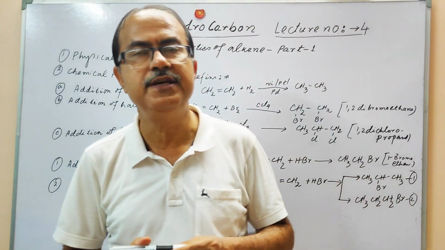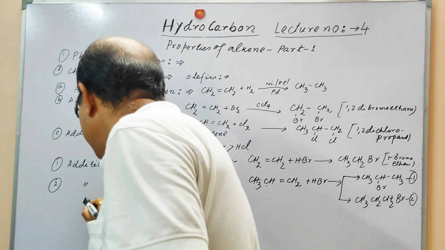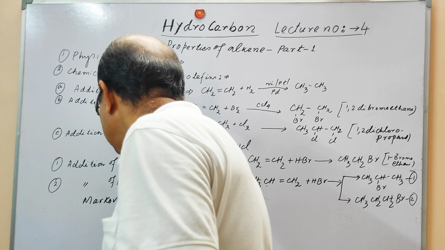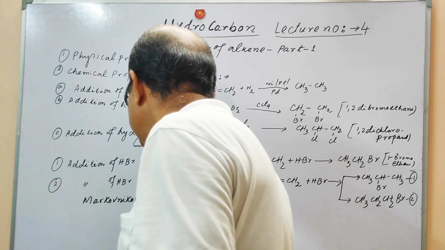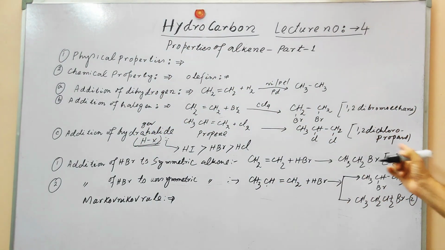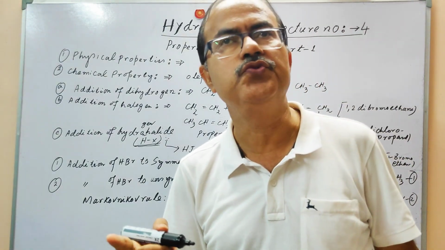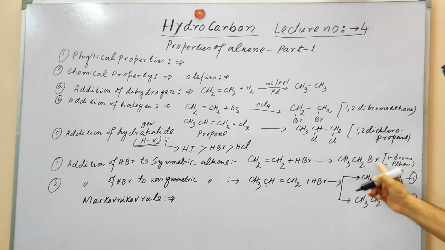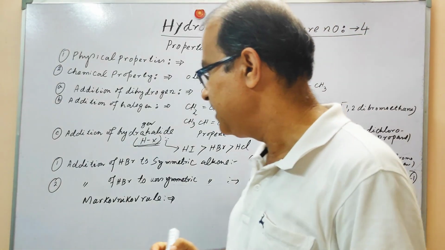What does Markovnikov say? The Markovnikov rule is a very important rule. Markovnikov was a Russian chemist. He explained why 2-bromopropane is produced in place of 1-bromopropane.